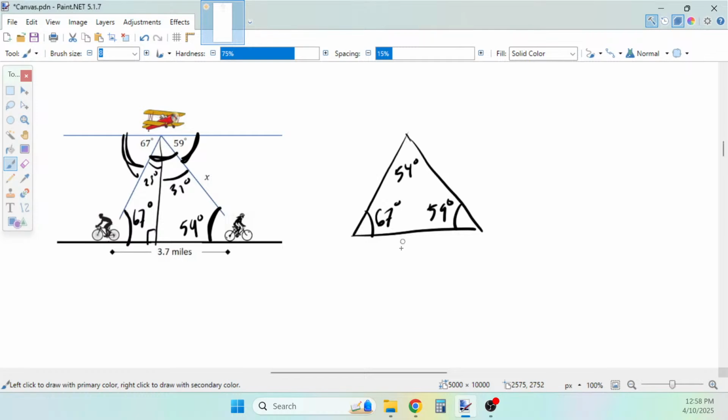We have that. We're told this side is 3.7. We want to find the distance between the plane and the person biking south. It says the south one is the one with the angle 59. We want to figure out this. Now, I've been writing the sines on the top and the sides on the bottom.